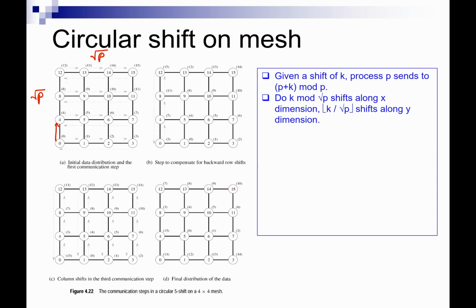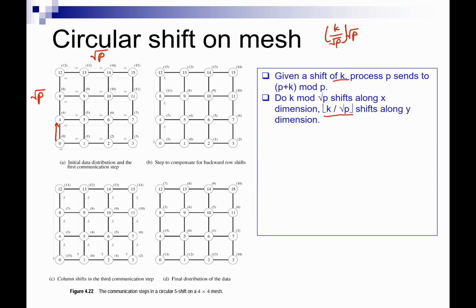Now if you want to do a total shift of k, then what you can do is k divided by root p shifts in the y direction. You do the floor of k divided by root p shifts in the y direction. This is going to move you k divided by root p times root p steps.